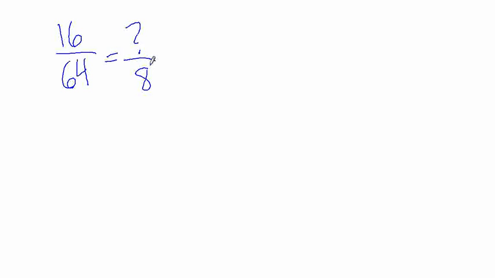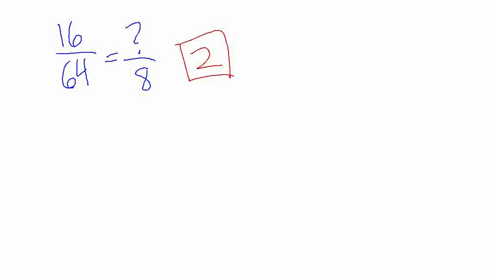Pause the video and try to see if you can figure what that missing number is now. Okay, I'll go ahead and show you how I would determine it. So if I divide 64 by 8, I get 8. If I divide 16 by 8, I get 2. So 2 is the missing number.